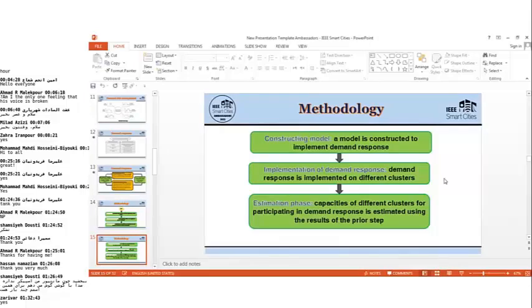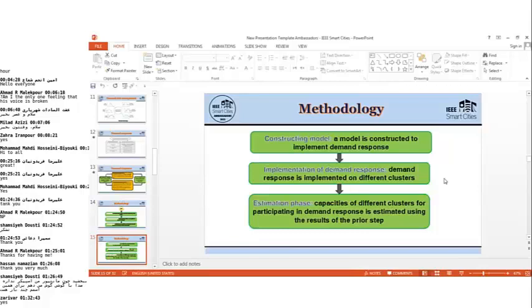These consumption profiles are compared with the suitable and desired consumption profile from the operator's point of view. By such comparison, each cluster's capacity for influencing the demand response program, or for reducing consumption in peak times and peak periods, will be achieved.